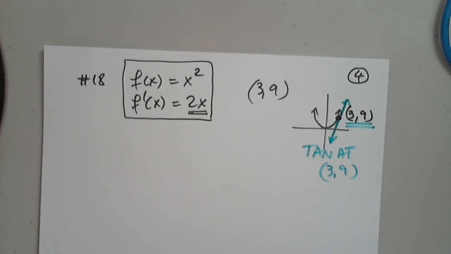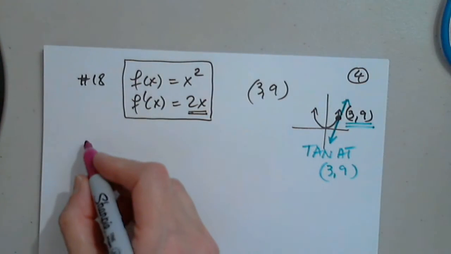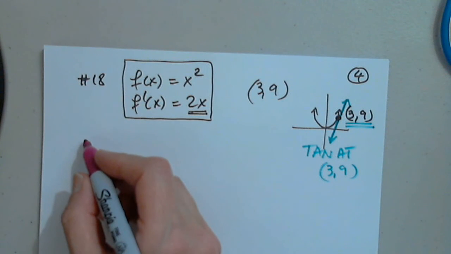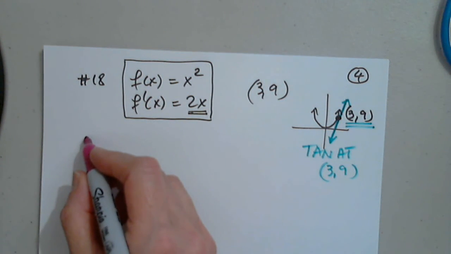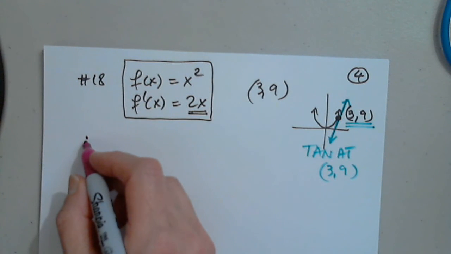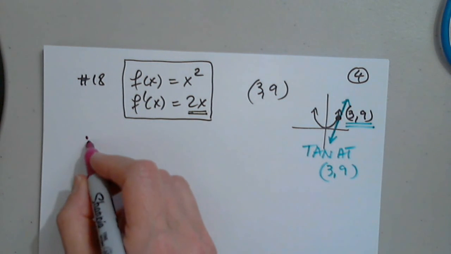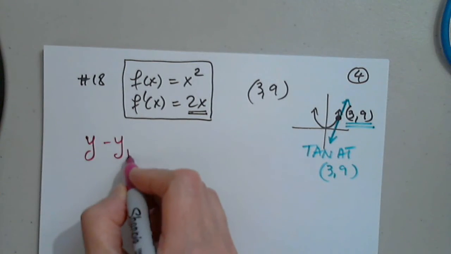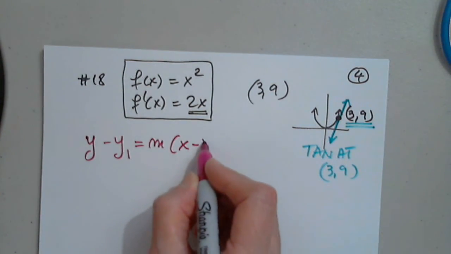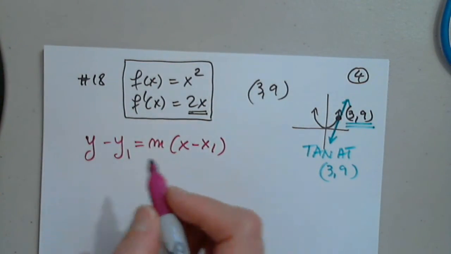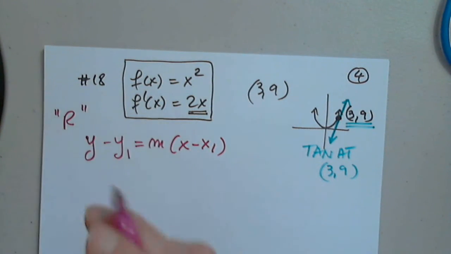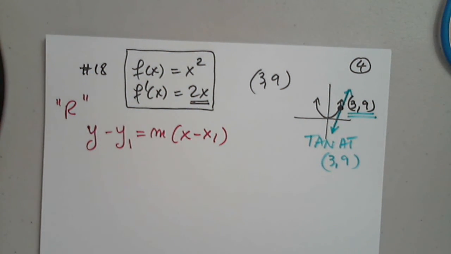Can anyone refresh our memory on the equation we are going to use when we have a point? The equation of a line given a point. Its slope. y minus y1 equals the slope times x minus x1. We reviewed this earlier. Please go back to your notes.